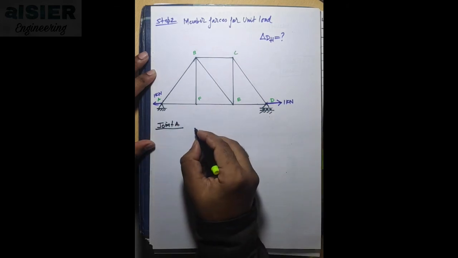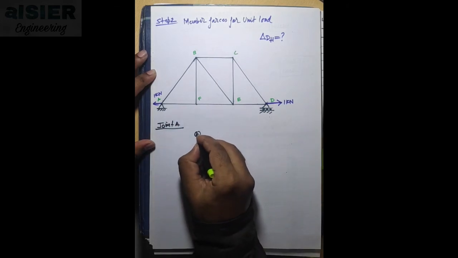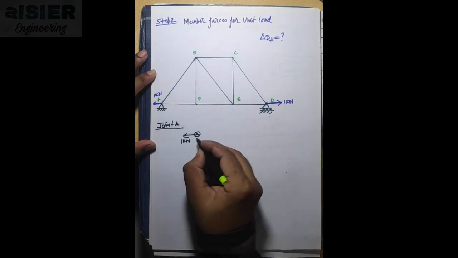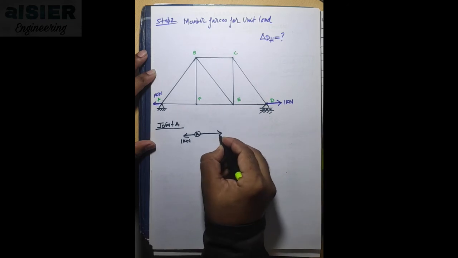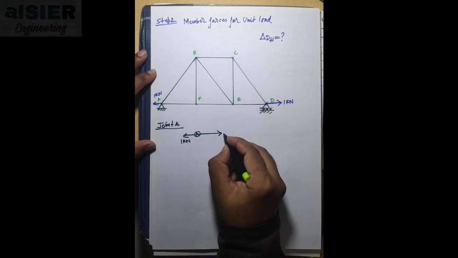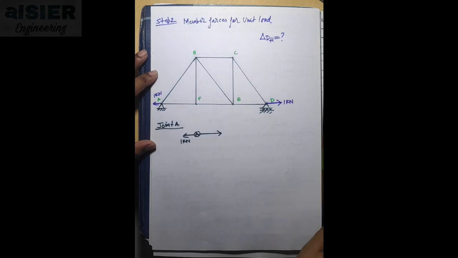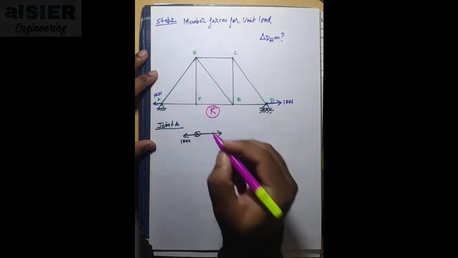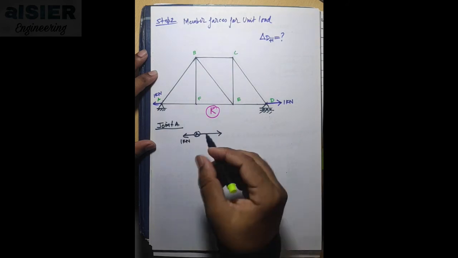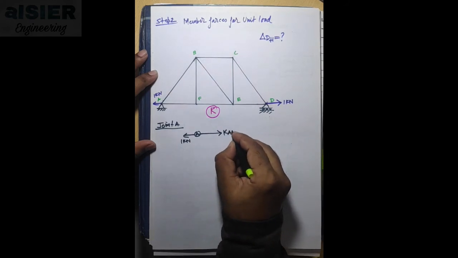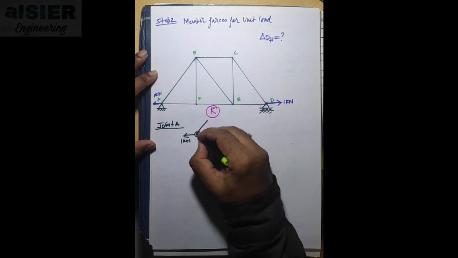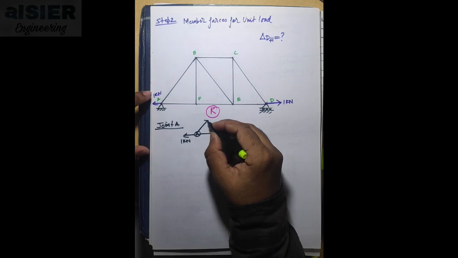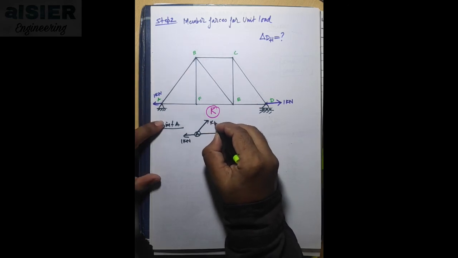So at joint A, there is this 1 kN. This we don't know, so we will consider it as away from joint. We will name this diagram as the unit load diagram, the K diagram, right? And we will name this member KAF. Similarly, for this member we will name it KAB.